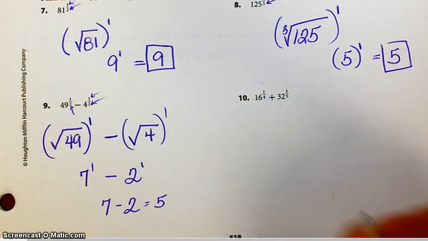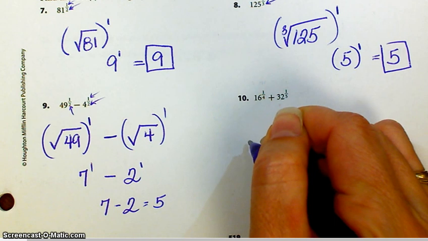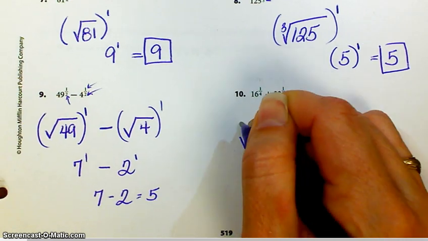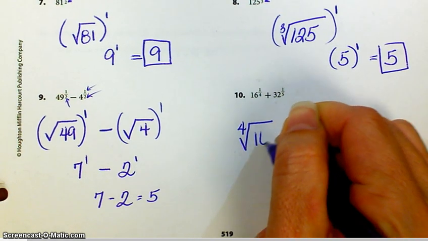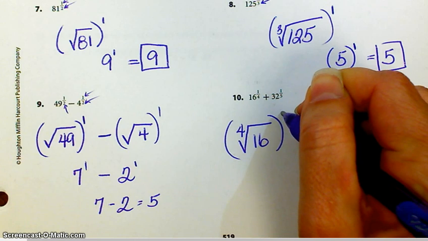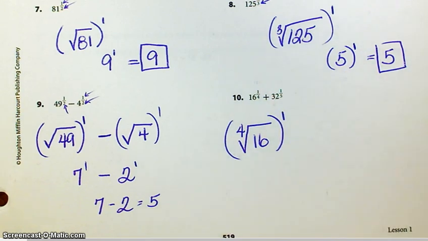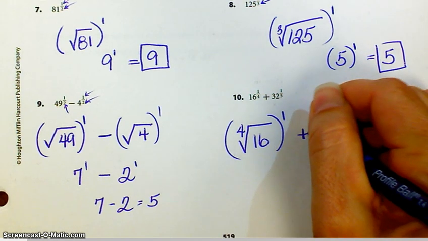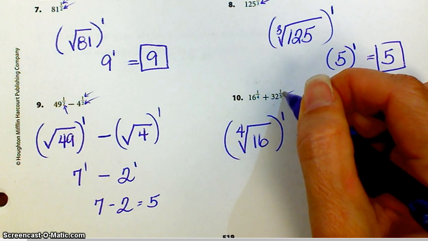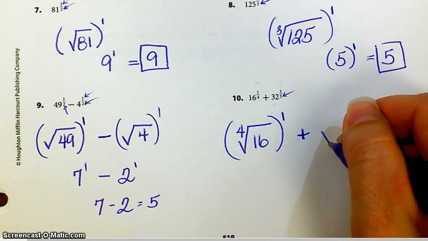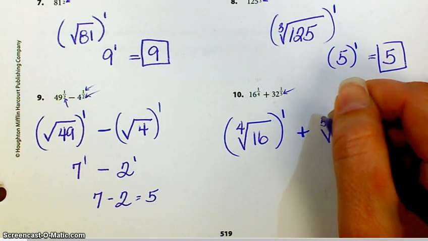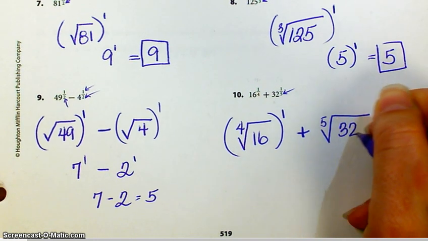All right, 10. 16 to the 1/4 power really means take the 4th root of 16 and raise it to the first power. And then add the 32 to the 1/5. The 5 tells you you're going to take the 5th root of 32.